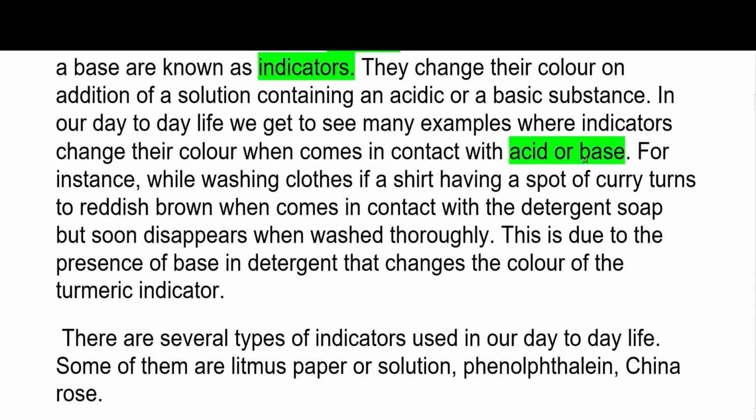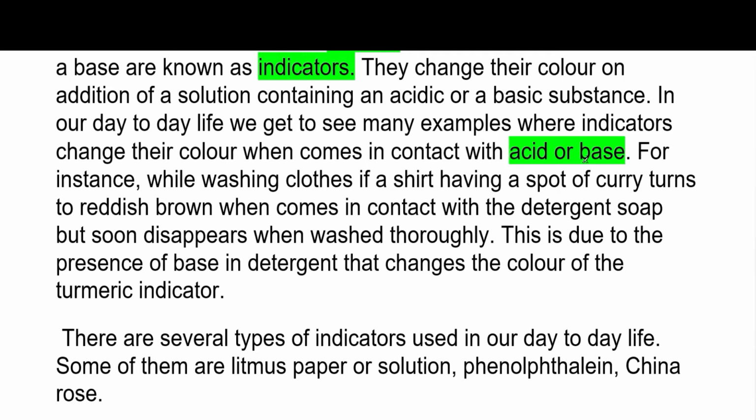For instance, while washing our clothes, a shirt having a spot of curry turns reddish brown when it comes in contact with detergent soap, but soon disappears when washed thoroughly.